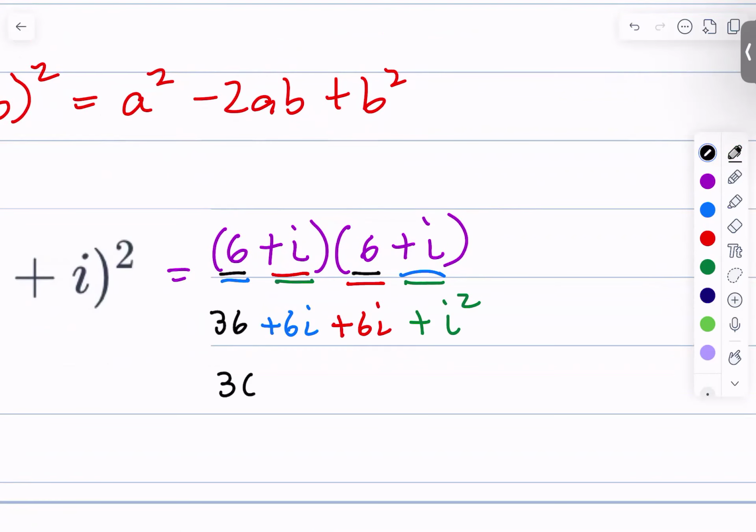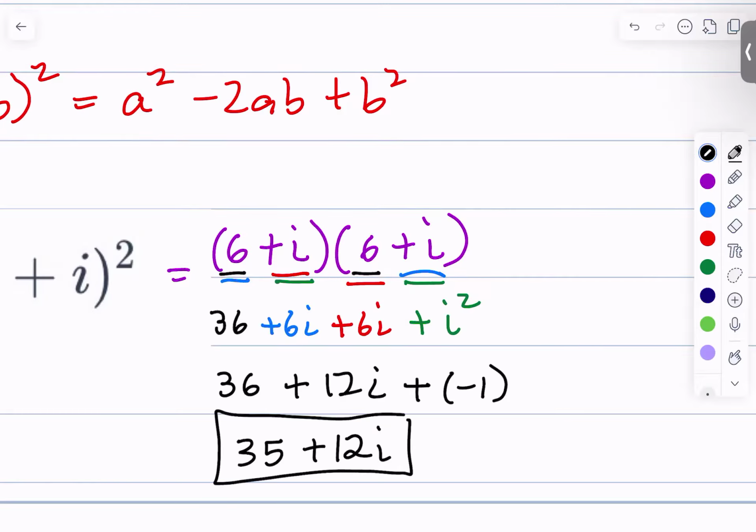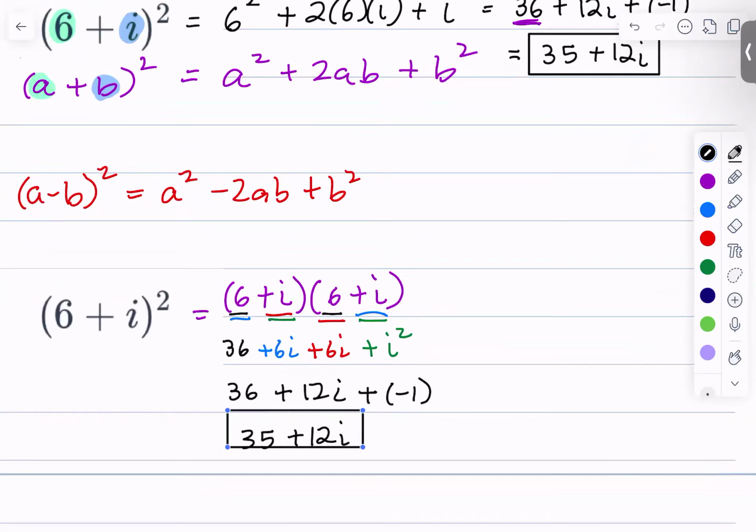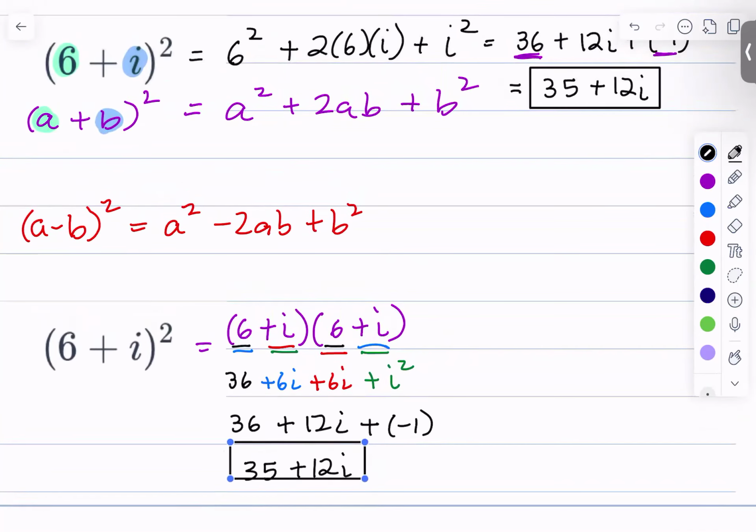So this would be 36, 6i plus 6i, that's 12i, plus negative 1, which is i squared, right? So notice that if I gather the like terms, I get the same exact thing as above. So regardless of how you do it, you're going to come out with the same answer anyway.